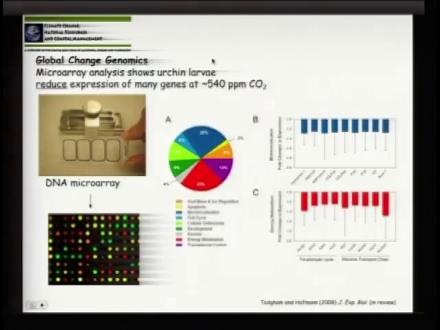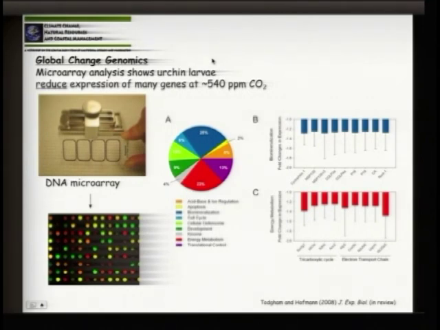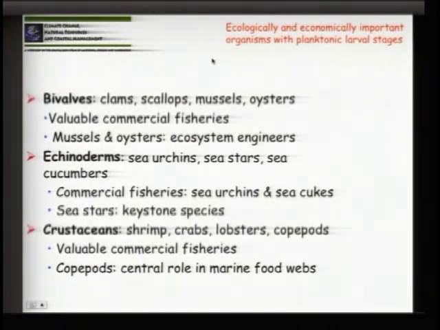And she has performed some very exciting new genomic research to show that at higher CO2 levels, there is a downward expression of the genes that control calcification, and not only for calcification, but for metabolism and other processes. And it's this genomics research that will allow us to understand mechanistically what the capabilities and the limitations for calcification will be in the future. So this is a very exciting new area of research that's going on.